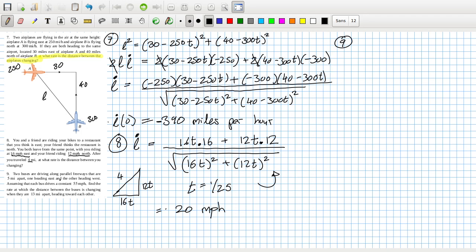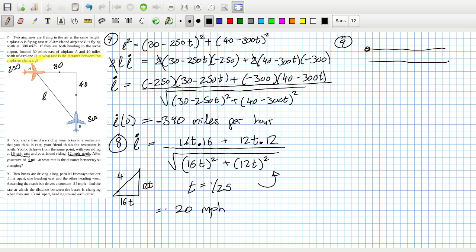Two buses are driving along parallel freeways that are 5 miles apart, one heading east and the other heading west. Assume that each bus drives at a constant 55. Find the rate at which the distance between the buses is changing when they're 13 miles apart, heading towards each other.